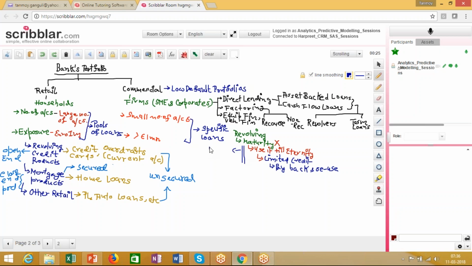One is credit cards, and the other is overdrafts.